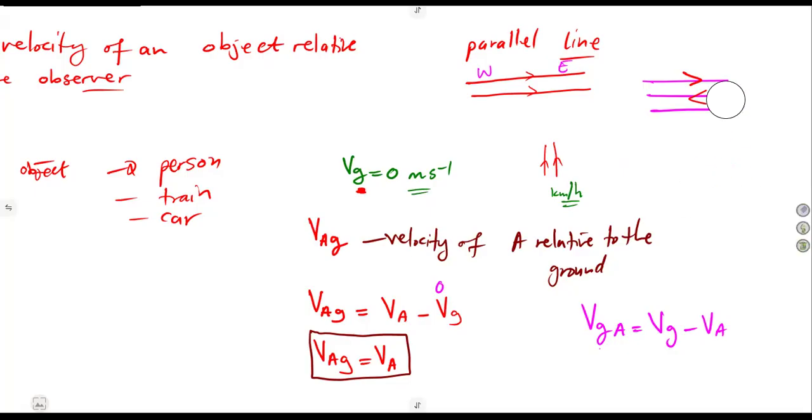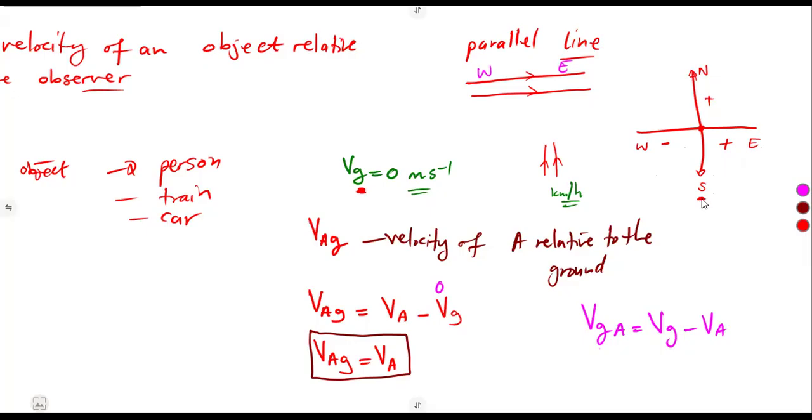We are also going to consider the direction when we are given, because they can tell us that it is to the east or to the west. That part plays a role in terms of the sign that you're going to use: to the east, positive; west, negative. If it is up to the north, positive; down to the south, negative.